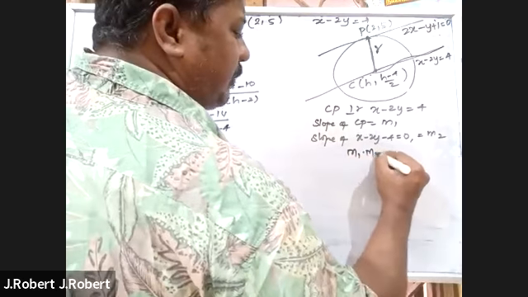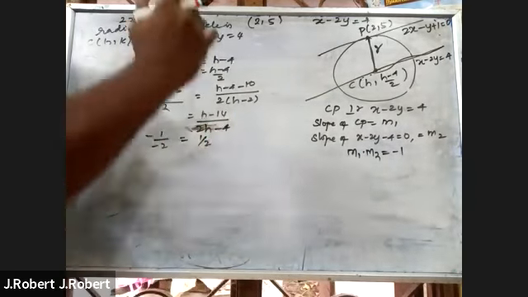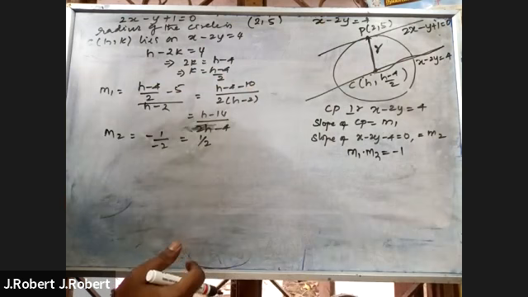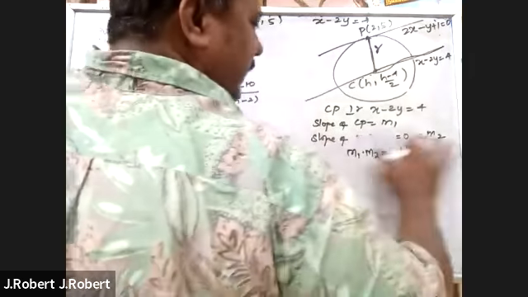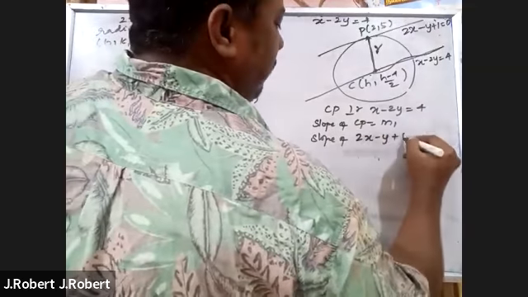What is the condition? The product of the slopes is equal to -1. In analytical geometry, if the product of the slopes is -1, then the two lines are perpendicular. Your CP is perpendicular to the tangent line, 2x minus y plus 1 equal to 0.